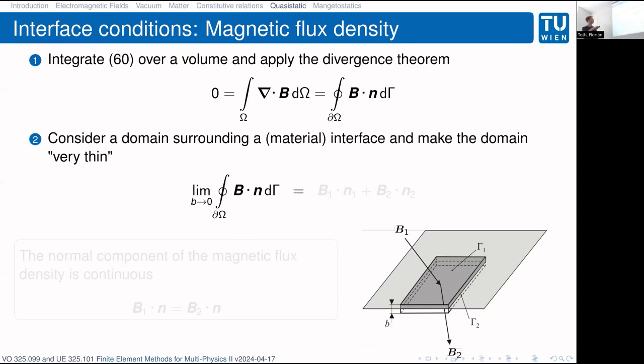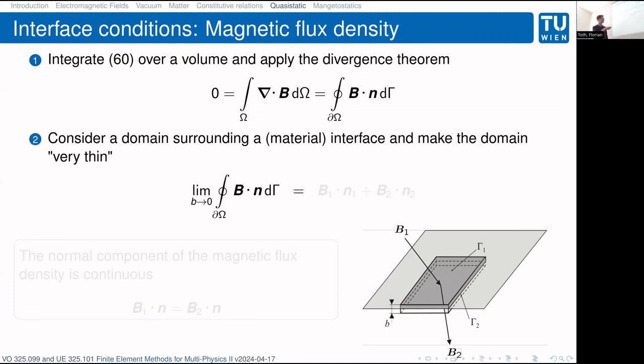When you take the divergence-free condition on B and use the divergence theorem, you obtain the following equation. Then you can try to build this second integral, the surface integral over basically the top and the bottom of your interface. So you make a little cube that is very thin, depicted here.